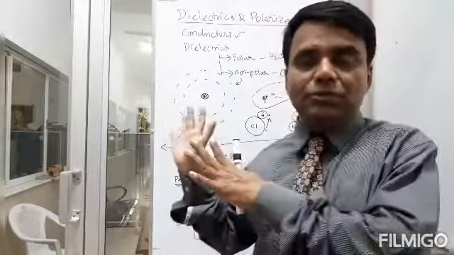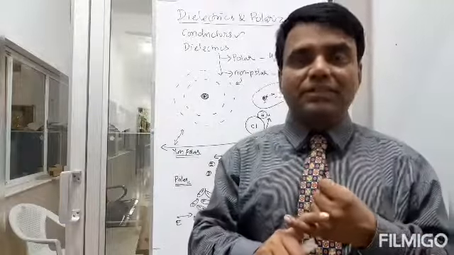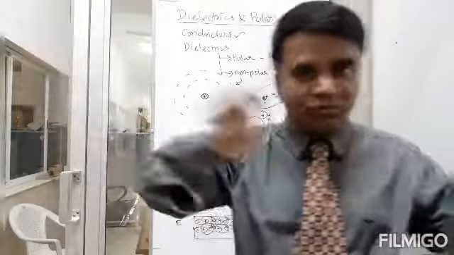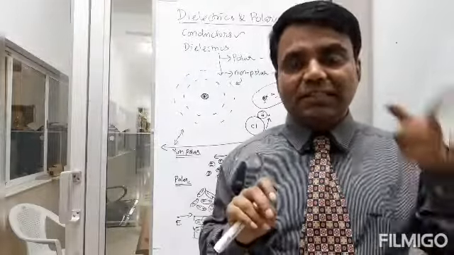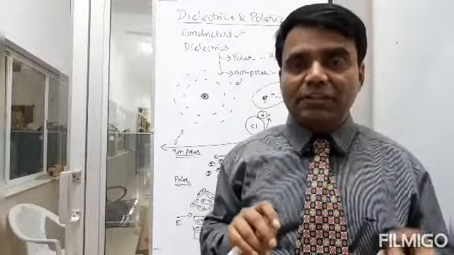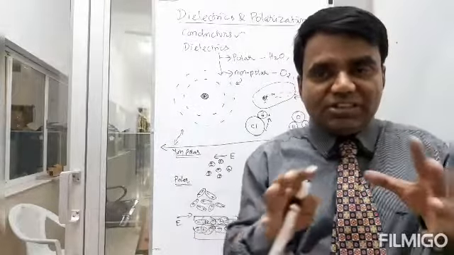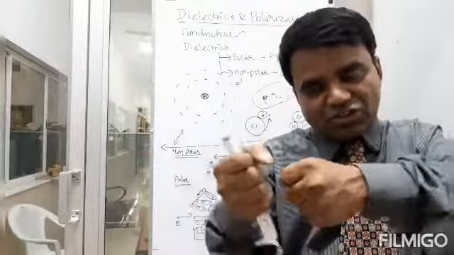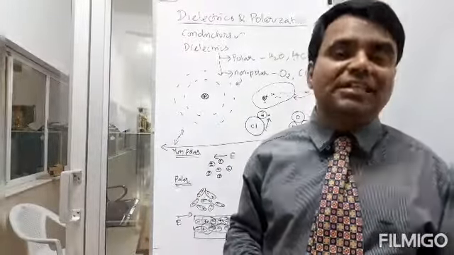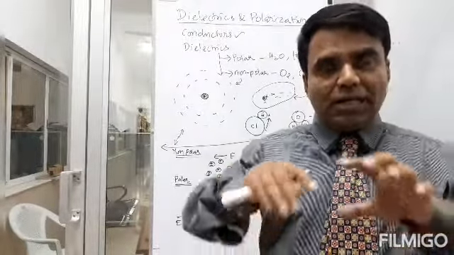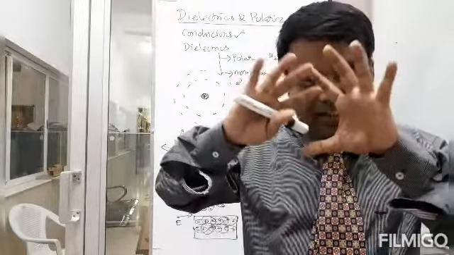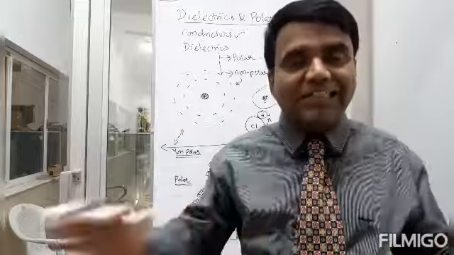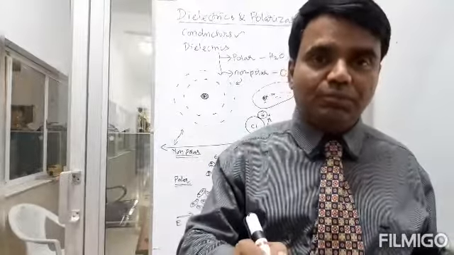I'll tell you, we'll do the picture now. In the case of a conductor, the field inside the conductor is 0 because electrons can move freely and adjust. In the case of insulators, that cannot happen. There are no free electrons. It is just that the centers are shifted slightly. It's like some kind of a stretching action. Because of that, the electric field inside the dielectric material will not be completely cancelled, but it will be reduced.